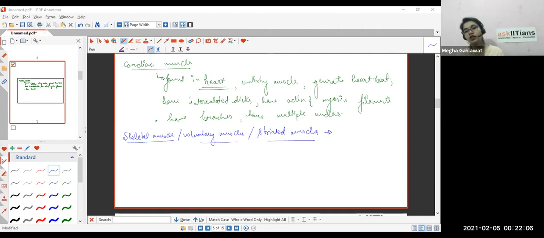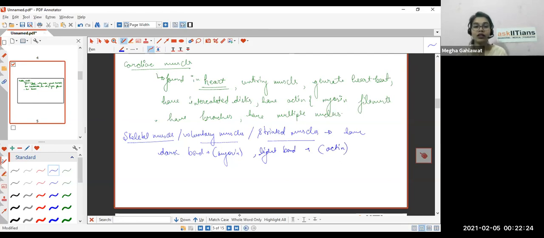The dark band is made up of the myosin, which is very thick. The light band is the actin filament, and it is very thin. Just make sure that you notice that they are under direct control, and we'll be talking more about these when we cover the mechanism of muscle functioning.